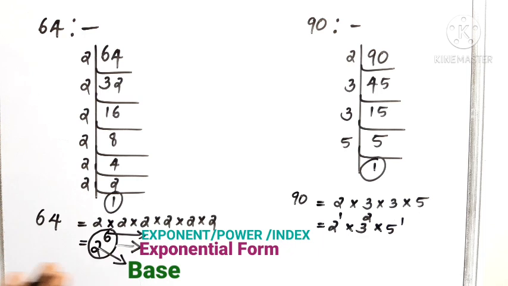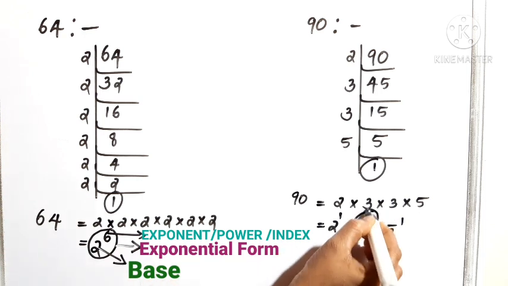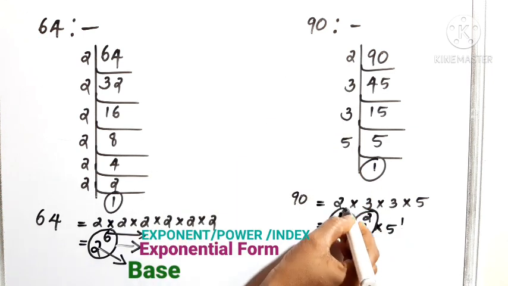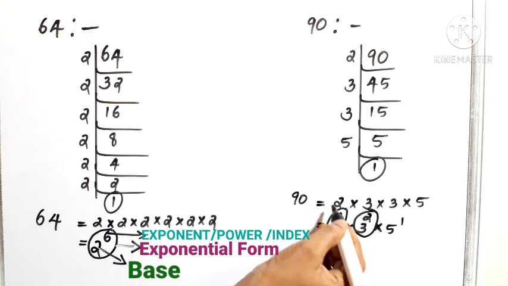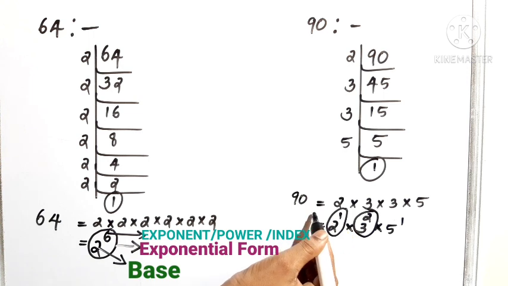Okay children, here when we consider 3 raised to 2, exponential form 3 raised to the power of 2, a base here 3, exponent or index or power here 2. In this case, exponential form 2 raised to the power of 1, a base here 2, exponent or power or index here 1.